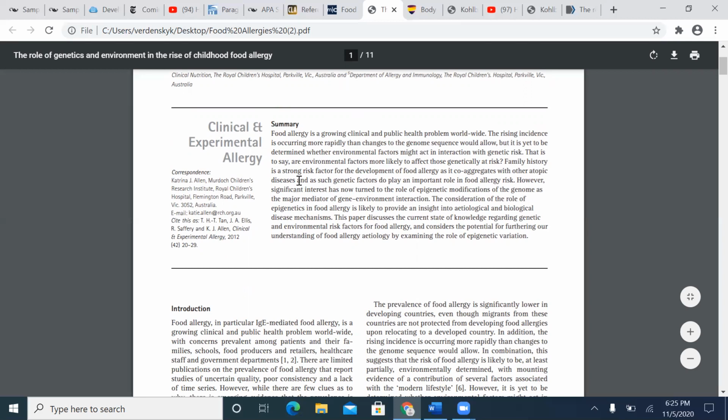The rising incidence is occurring more rapidly than changes to the genome sequence would allow, but it is yet to be determined whether environmental factors might act in interaction with genetic risk. That is to say, are environmental factors more likely to affect those genetically at risk?